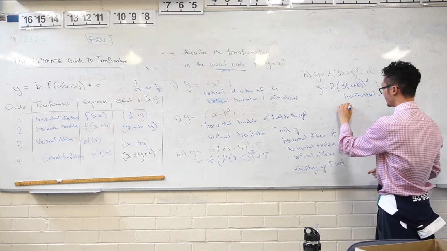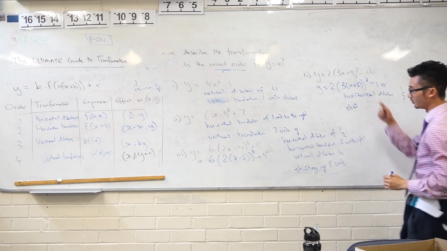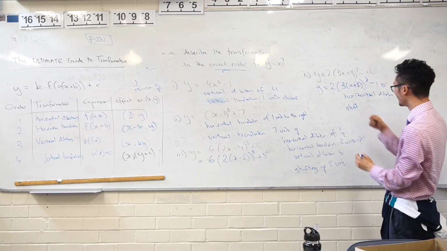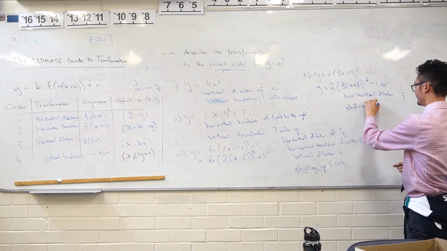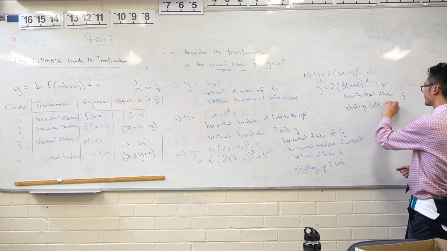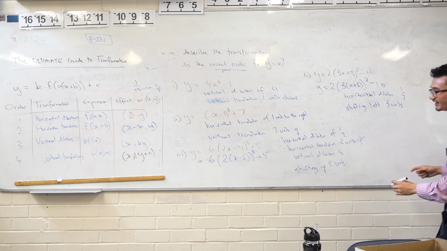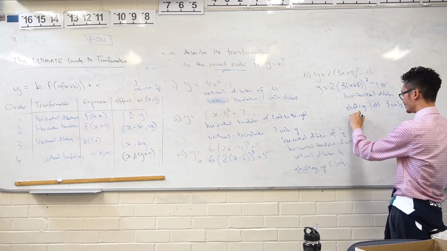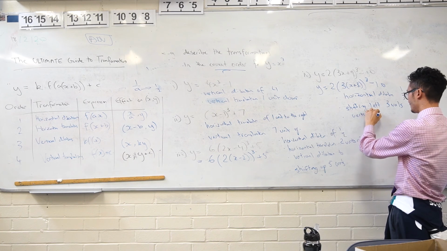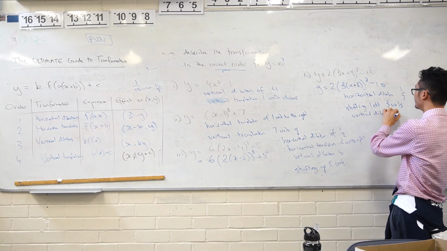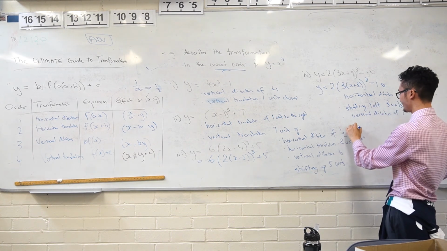Then we're shifting, this time we've got a positive value here, so we're shifting to the left 3 units. And then, same as always, what's the number out here? That's our k value, so that's a vertical dilation of 2. And last but not least, shifting down 10 units.